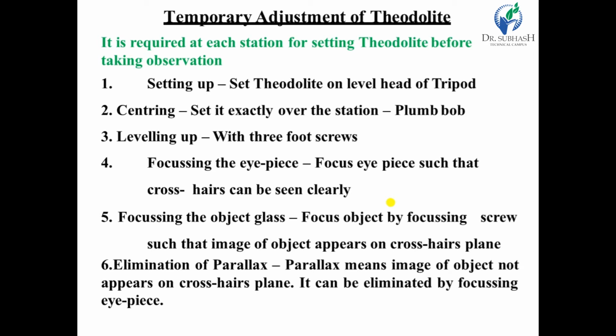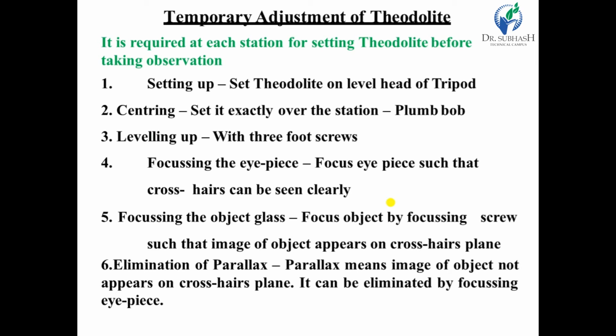Focusing the eyepiece: focus the eyepiece so that the cross hairs can be seen clearly. Focusing the object glass: focus the object using the focusing screw, so we can sight the object clearly and bisect it properly. Elimination of parallax: parallax means the image of the object does not appear on the crosshair plane.